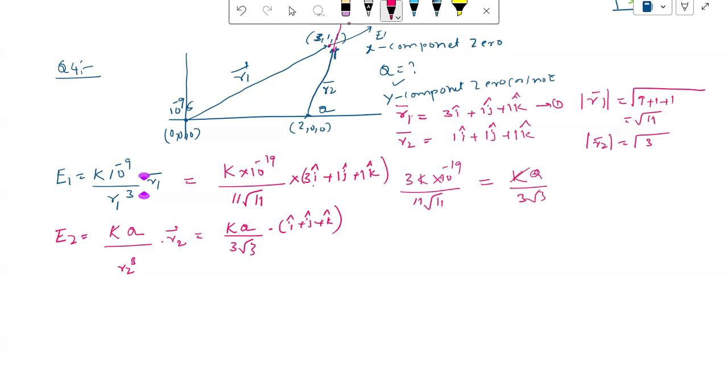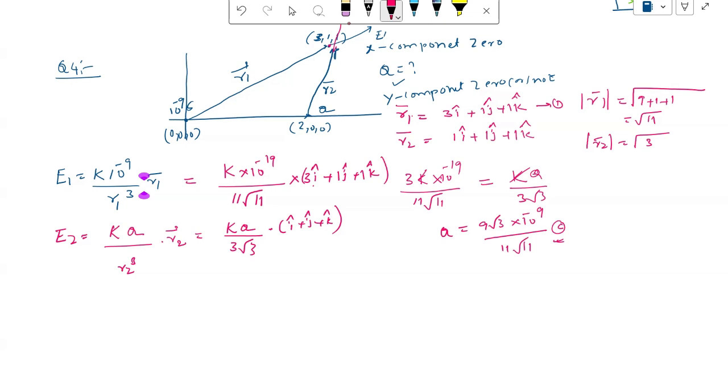So K and K get cancelled, 3 will go to 9. So Q is equal to 9 root 3 into 10 to the power of minus 9 by 11 root 11 coulombs. So this is the charge of Q.